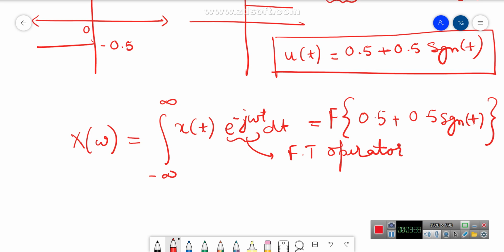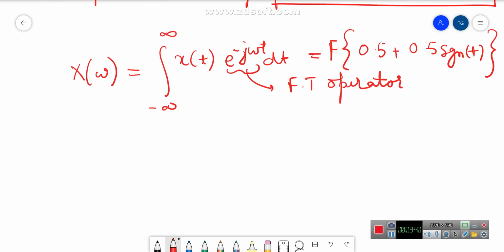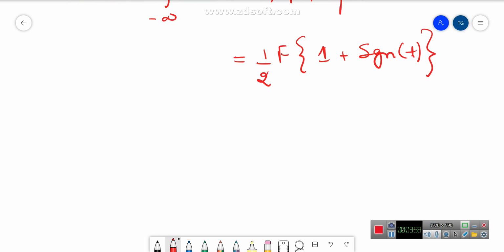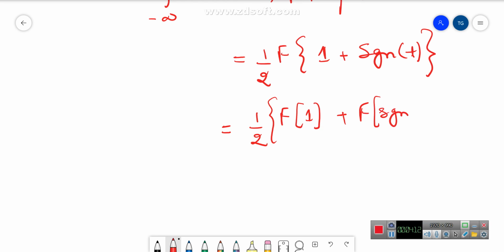So now we can distribute this. 0.5 can be taken common as it is a constant term, so half taken common, Fourier transform of 1 plus signum of t. We can distribute the Fourier transform, so this is equal to Fourier transform of 1 plus Fourier transform of signum of t.